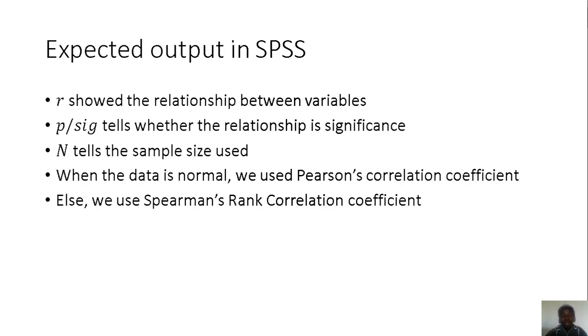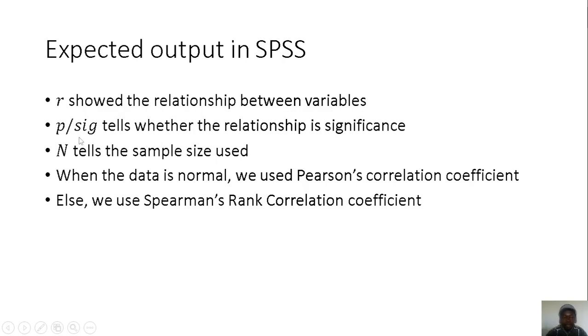And when you run the analysis in SPSS, your output comes in 3 formats. We have the R, which is the Pearson's correlation, which shows the relationship and strength of the relationship among the variables.